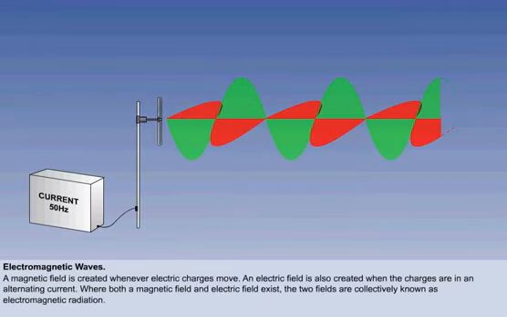Where both a magnetic field H and an electric field E exist, the two fields are collectively known as electromagnetic radiation, and the frequency of these electromagnetic waves is the same as that of the electric charge which created them.